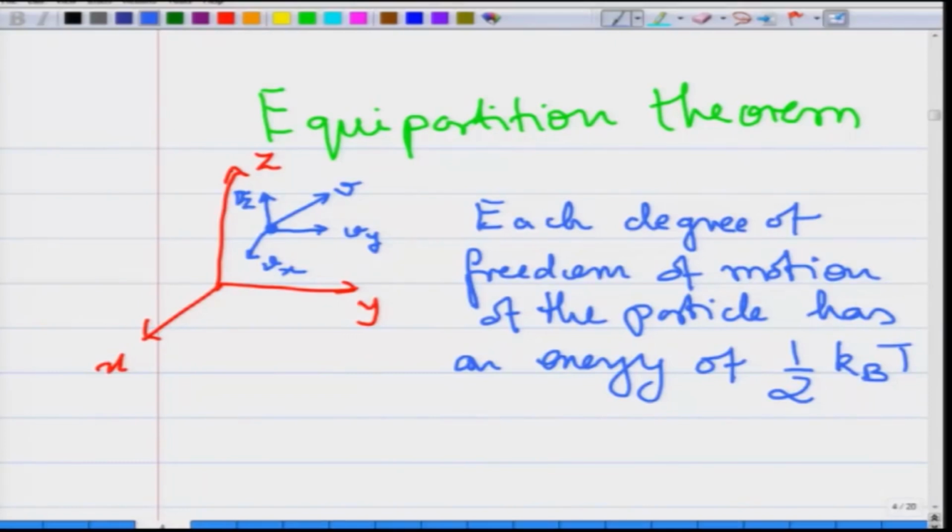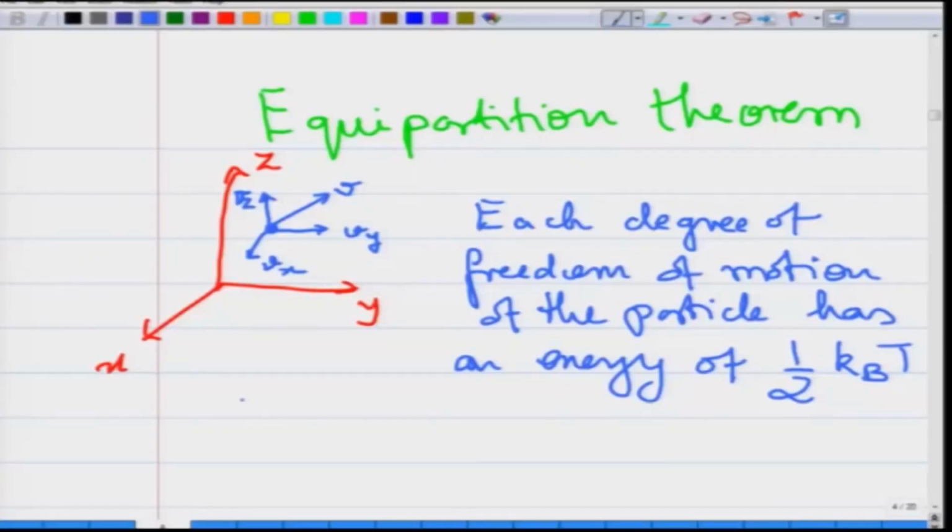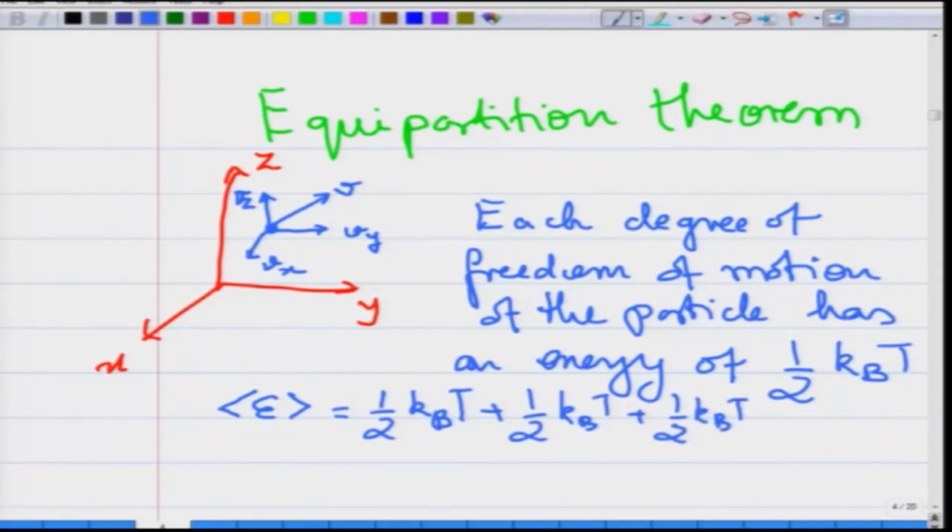Here the particle in 3-dimensional space has 3 degrees of freedom, and each degree of freedom has half kT. So, the average energy of this particle is half kBT plus half kBT plus half kBT.